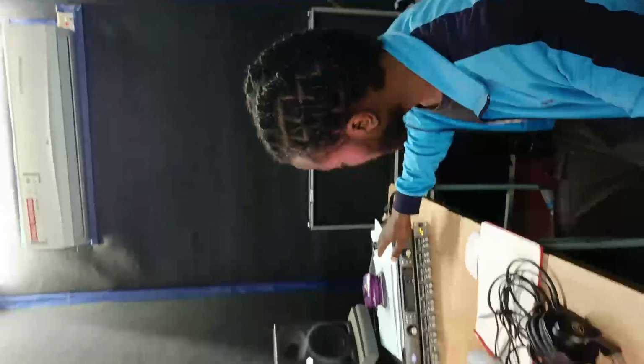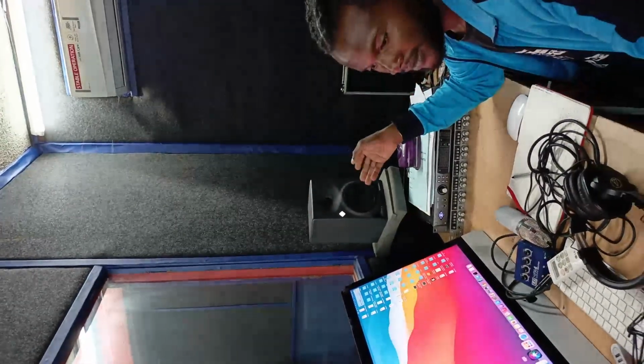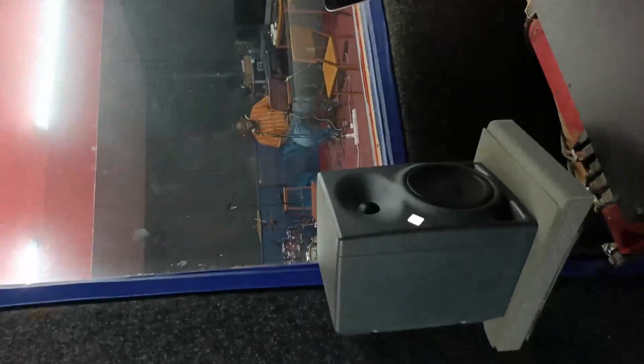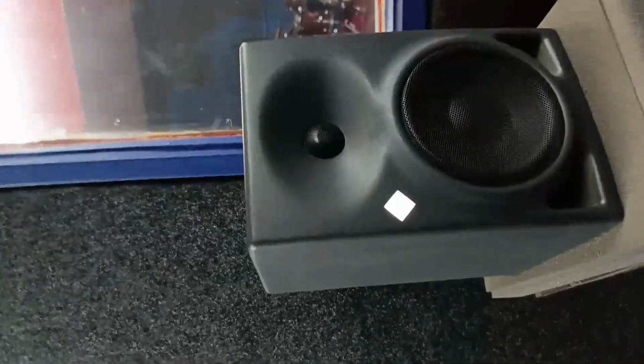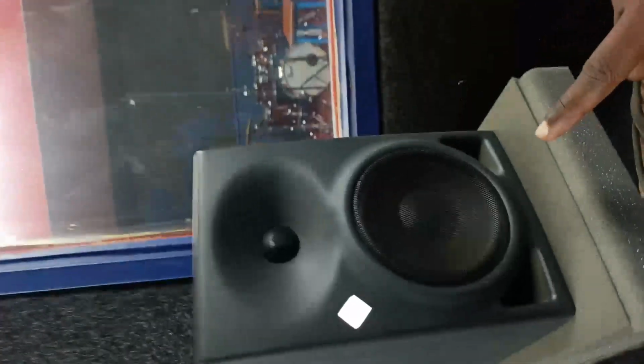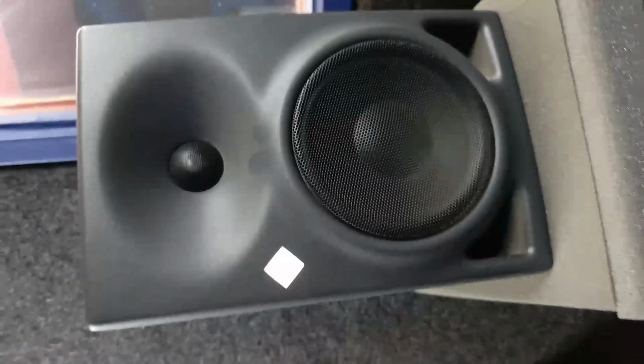Speakers. I think we've mentioned a lot of these. Output. These are the main monitors. This is what the output is. Here is the microphone, this is the input, and this is the output. This is where it starts, and that is where it ends.